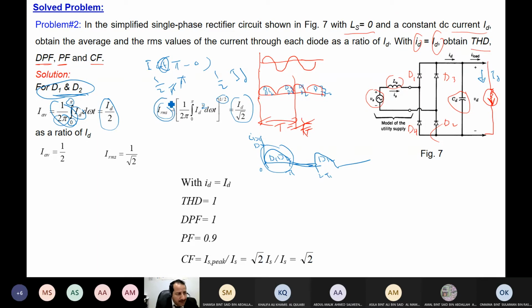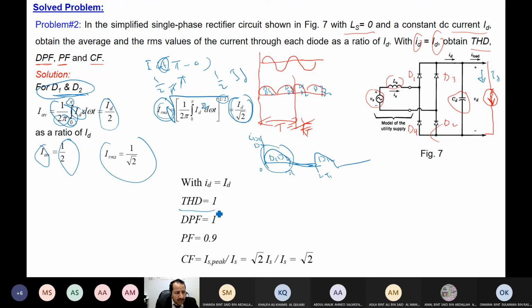We repeat the same thing for RMS, just square here and square root. We got ID over square root 2. Now, this ratio tells me that the average current conducted by diodes 1 and 2 is half the total current. And for RMS, 1 over square root 2.